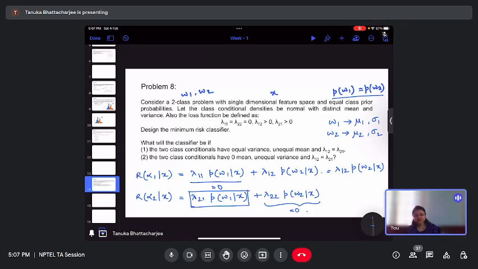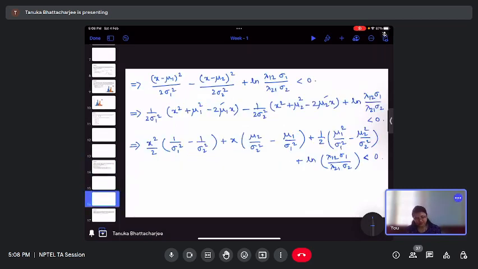Now here we have two special cases of this particular classifier. The first thing is, what will the classifier be if the two class conditionals have equal variance, unequal mean, and lambda 1 2 equal to lambda 2 1? You can simply look at this.